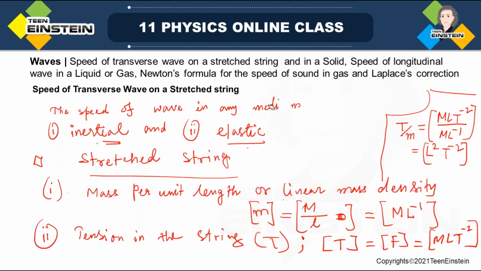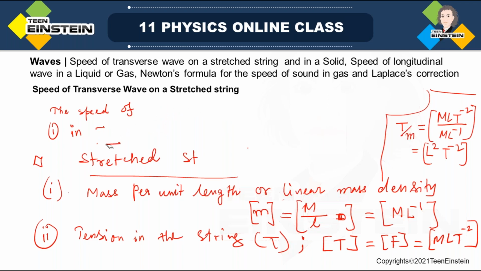So we have got the ratio of tension to the mass per unit length, which is L square T to the power minus 2.